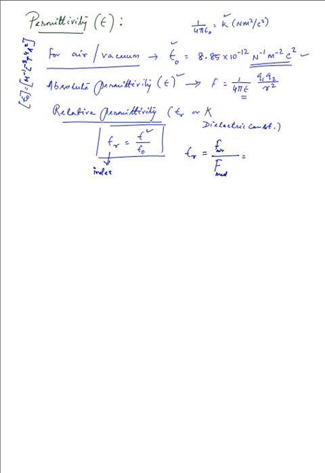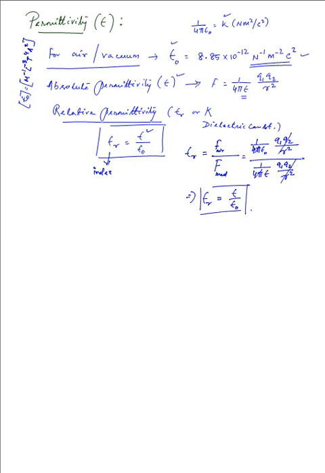In air we have 1 over 4 pi epsilon naught q1 q2 over r squared, and then in the medium we have 1 over 4 pi epsilon instead of epsilon naught, and q1 q2 divided by r squared. The 4 pi's cancel out completely, and we simply have epsilon over epsilon naught, the same thing.